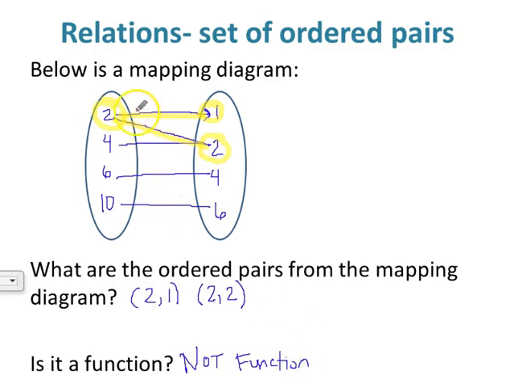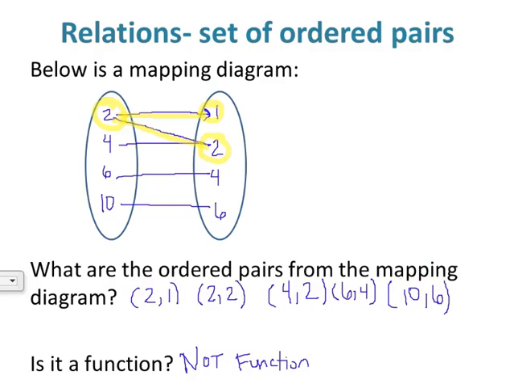So here, let's continue with our ordered pairs. 4, we've got 6 with 4. We've got 10 with 6. So these are our points. So another way that we can tell if a relation is a function is by looking at the ordered pairs, or your coordinates.